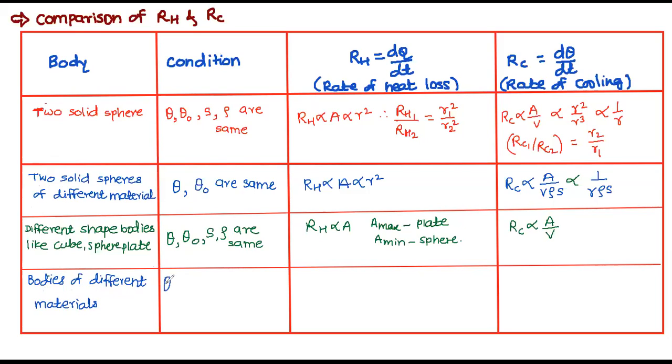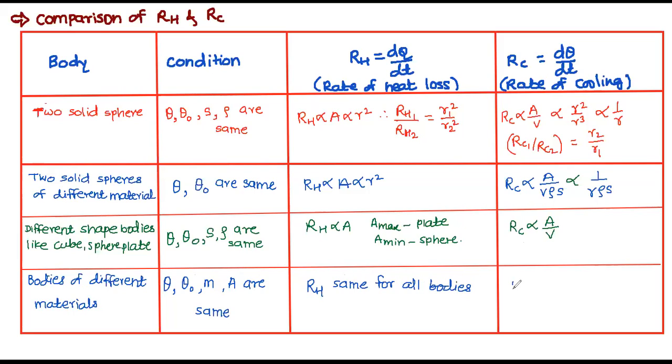I am taking body temperature, surrounding temperature, then mass and area are the same. Then in this case, the rate of heat loss is the same for all bodies.